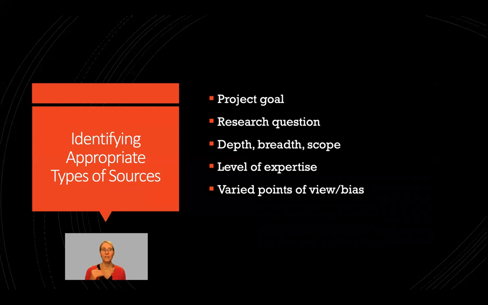So to figure out what are appropriate types of sources, you want to think about that project goal, right? Look at that list of research questions and consider the depth, breadth, and scope you're going to need to answer that question. For example, does UIndy have student organizations that tutor kids?